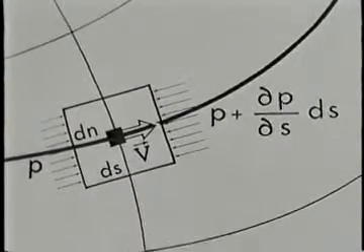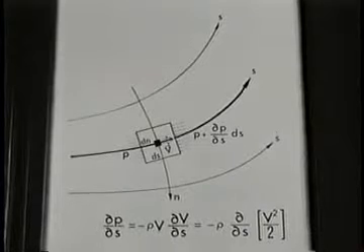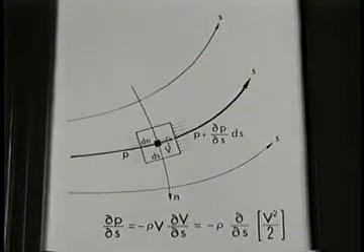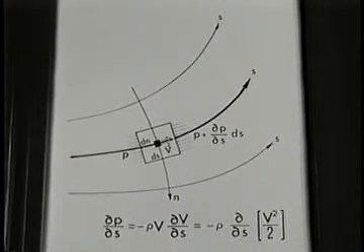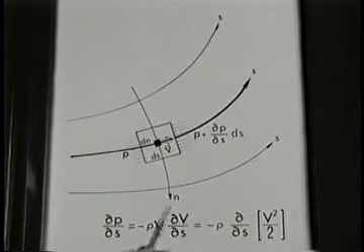dP/ds. The acceleration along S is related to the convective increase of velocity as the particle moves along S, and, in Eulerian description, is equal to v dv/ds.